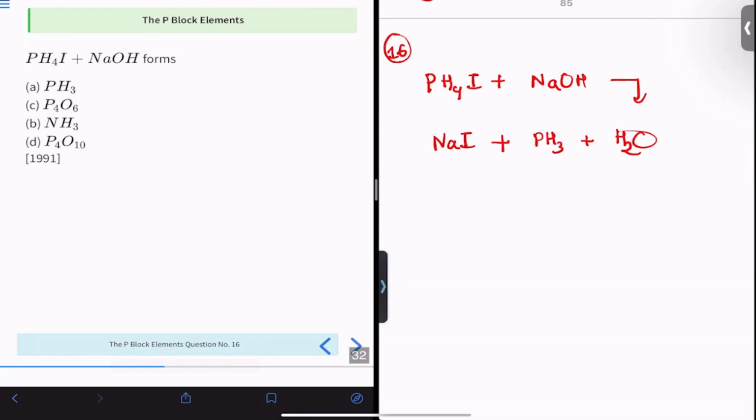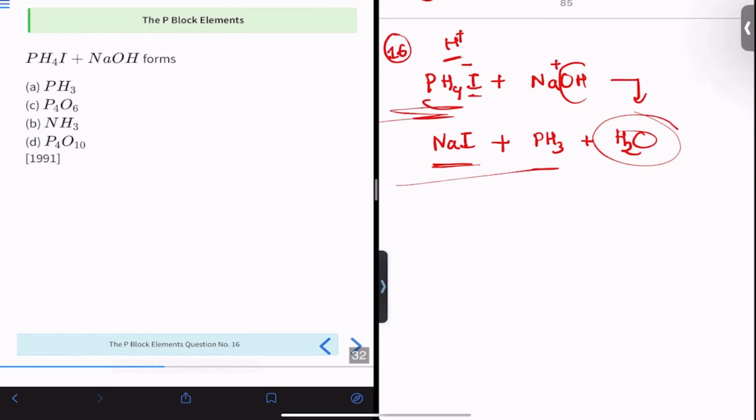Okay, these are questions where you can use your little brain. Sodium will have a high affinity towards the iodide ion, so sodium iodide is one of the products. Then OH will react with one of the H plus ions here, so it will form H2O. So what we are left with is PH3.